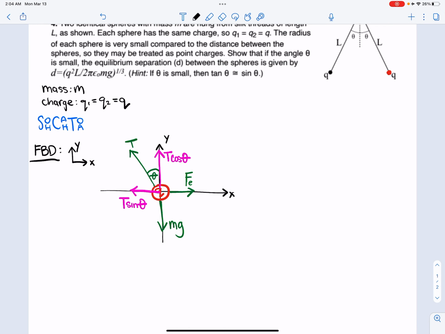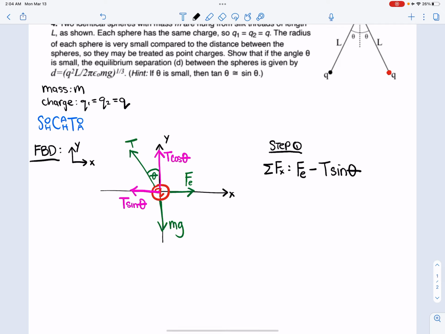Now for step one, I'm going to write a summation of forces along x. My electrostatic force is positive since it's pointing towards positive x, minus t sine theta, the x component of my tension force.